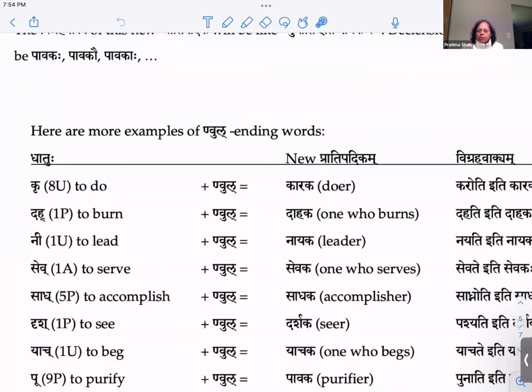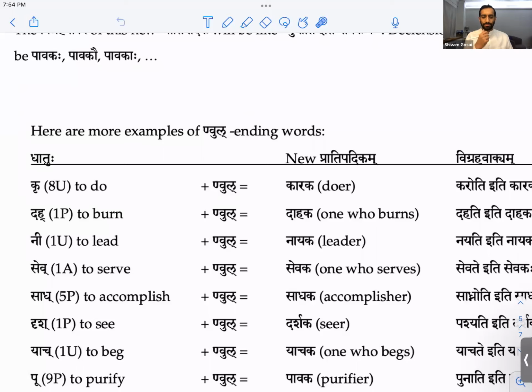So I can understand vriddhi and all the rules, but daha has ha after da. Yes, there's an akara in between the two, D and H, and that akara becomes akara.